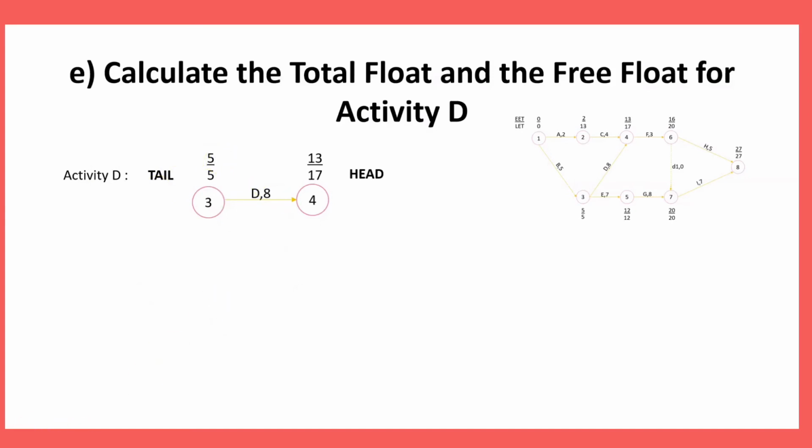This is EET and LET at node number 3, which is EET 5 and LET 5. This is EET and LET at node number 4, which is EET 13 and LET 17. And the duration time for activity D is 8.